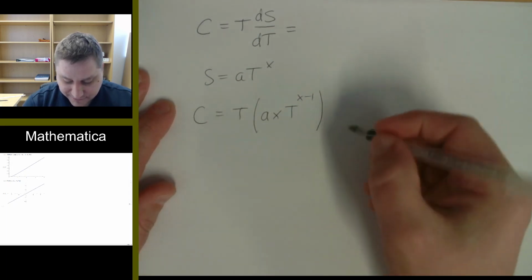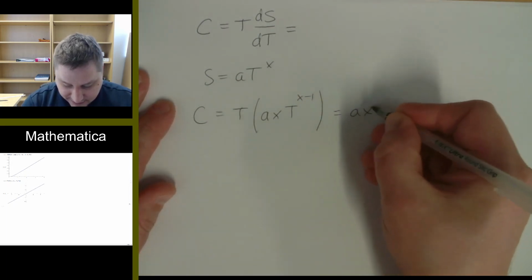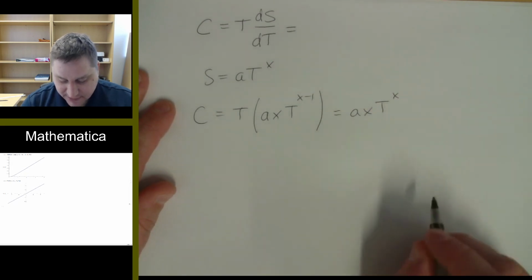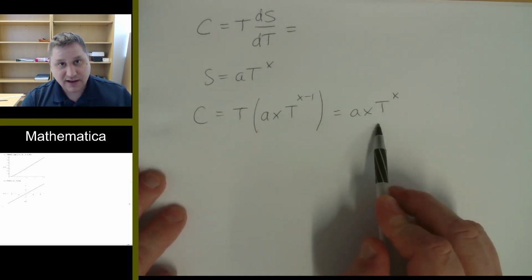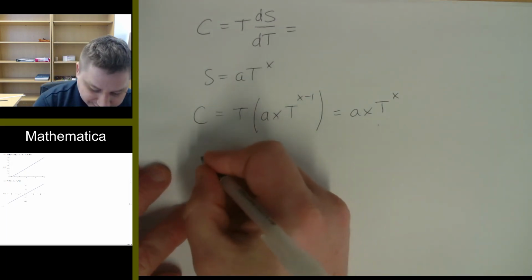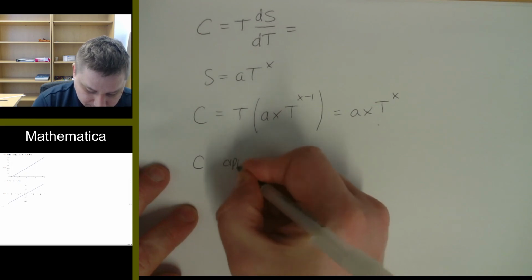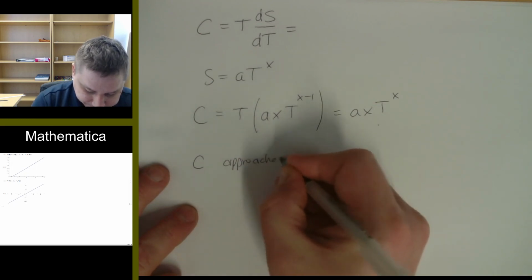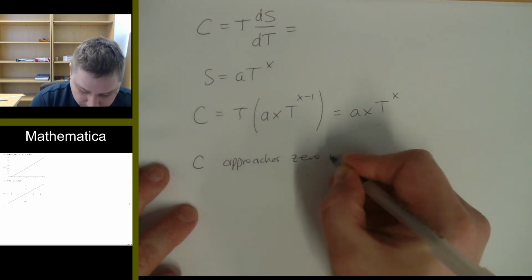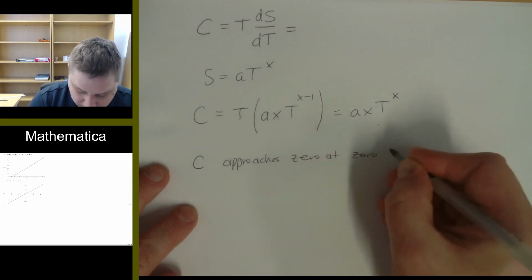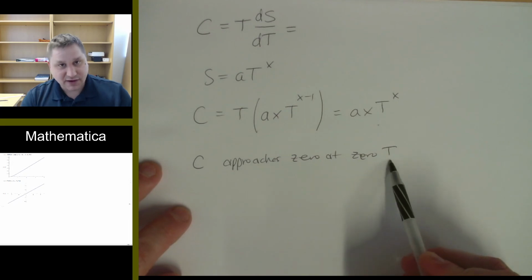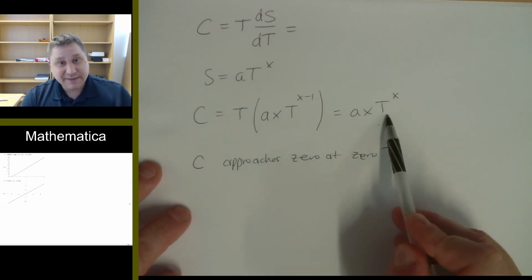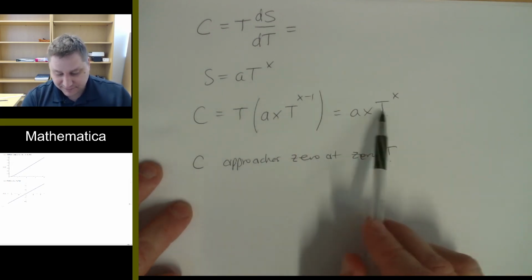That's the derivative. So it's A X times T to the X. So the heat capacity must approach 0 as well at 0 temperature. That's actually an interesting result. The heat capacity approaches zero with the same dependence as the entropy itself.